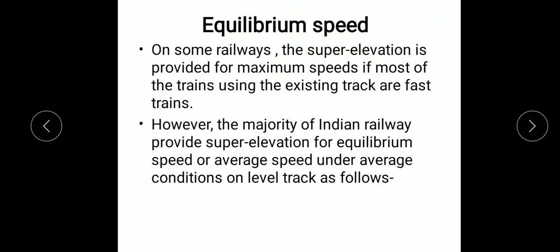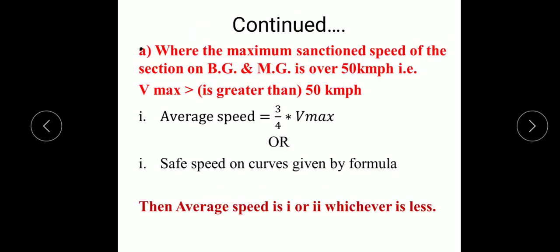However, the majority of Indian Railways provide super elevation for equilibrium speed or average speed under average conditions on level track as follows. We will discuss the various types of speed that are used. The first case is where the maximum sanctioned speed of the section on BG and MG is over 50 km per hour, that is Vmax is greater than 50 km per hour.